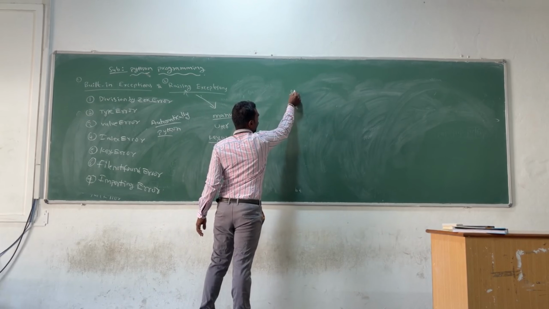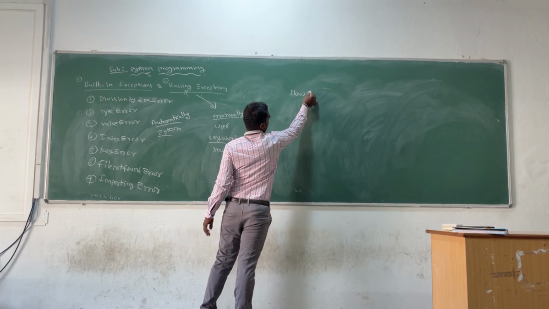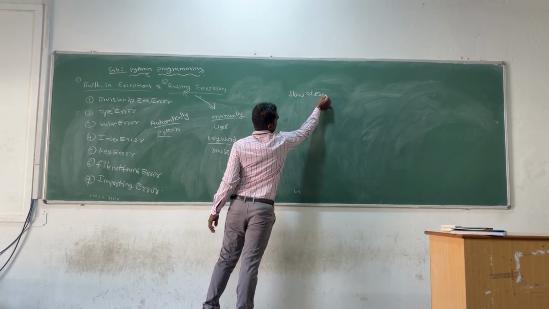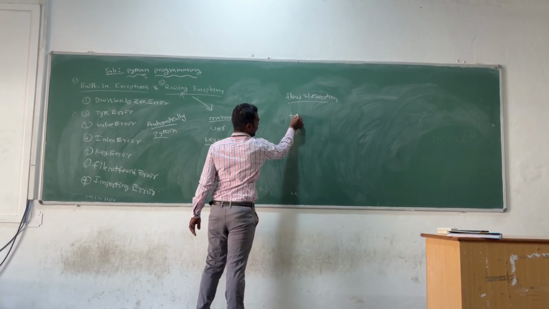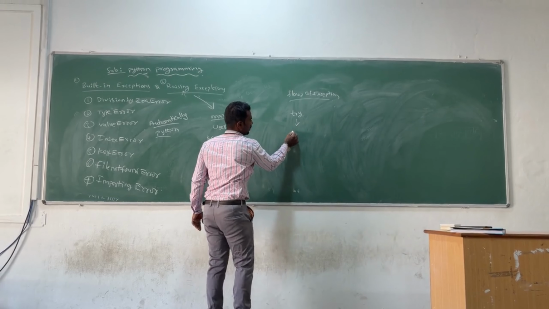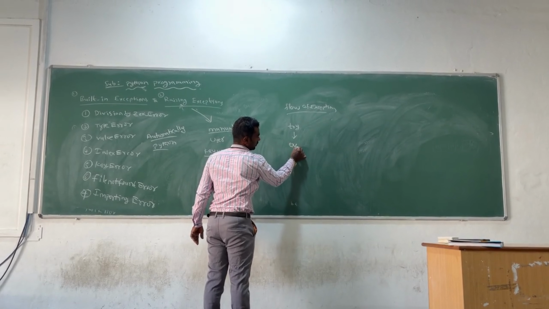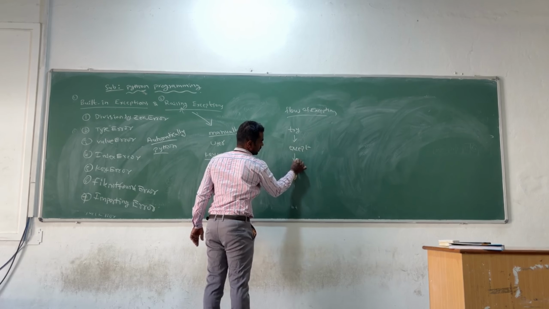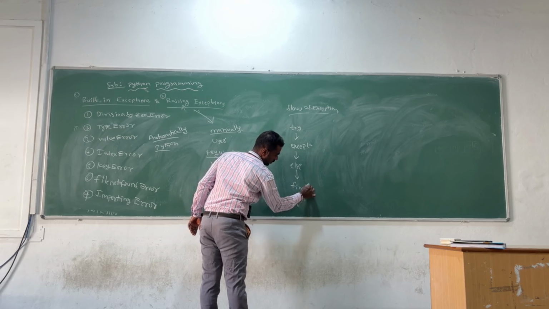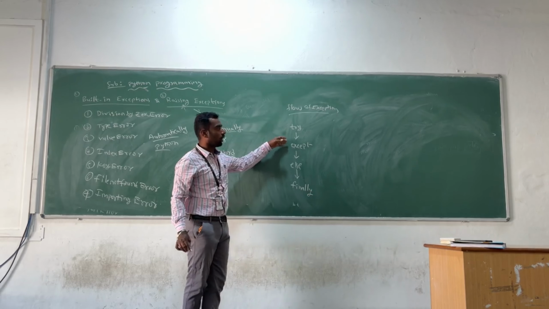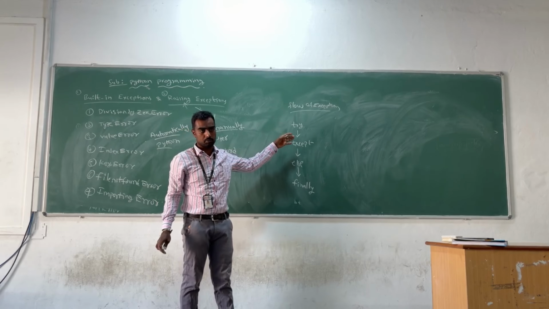So the flow of exception is try, next except, next else, next finally. These four are the pillars of exceptions.